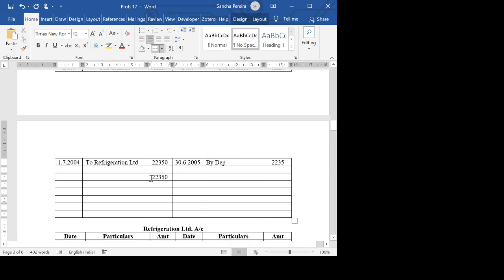22,350. 22,350, 30th June 2005, by balance carried down.